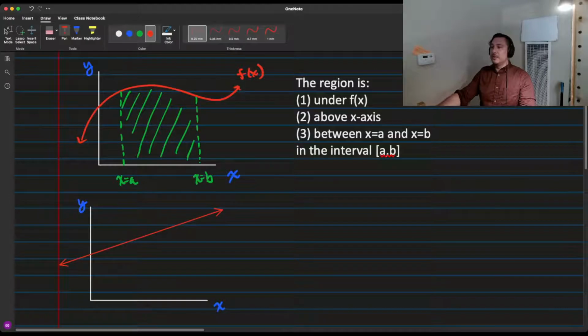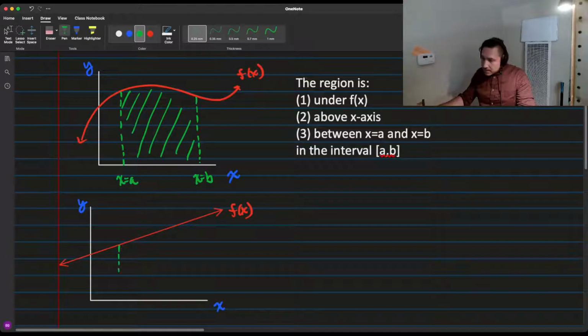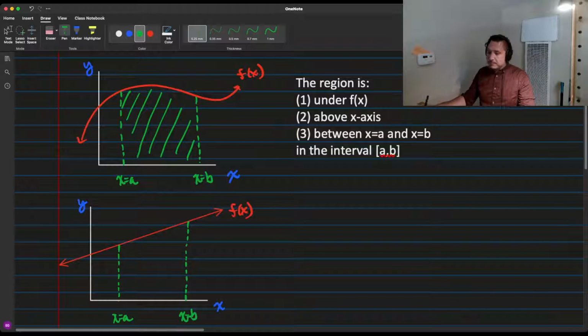So let's say that's our f of x. And again, we have x equals a, x equals b. Okay, so we want that region there. Looks like this.